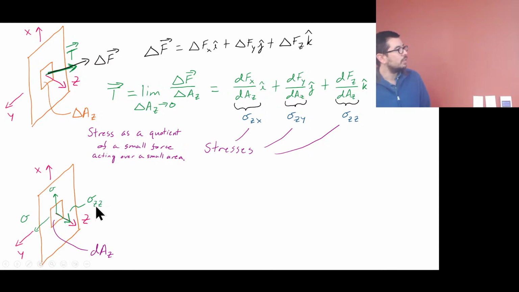This one is acting in the z direction, so it's going to be sigma zz. This one is acting in the x direction, so it's sigma zx, and this one is acting in the y direction, so sigma zy.